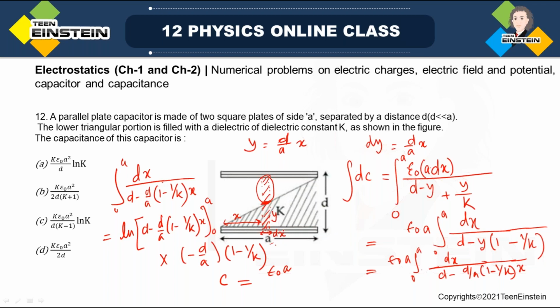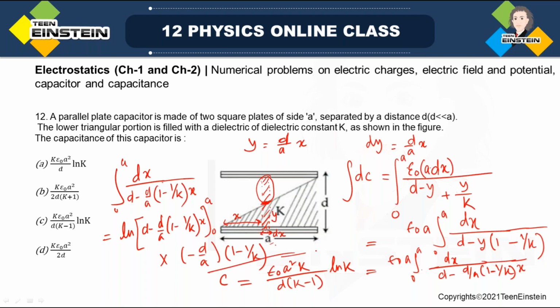In fact, there will be another a from here, so this will be a square k divided by d into k minus 1 and ln k, because if you put x over here, this will be d, and d will get cancelled by each other, and then you will get ln k.